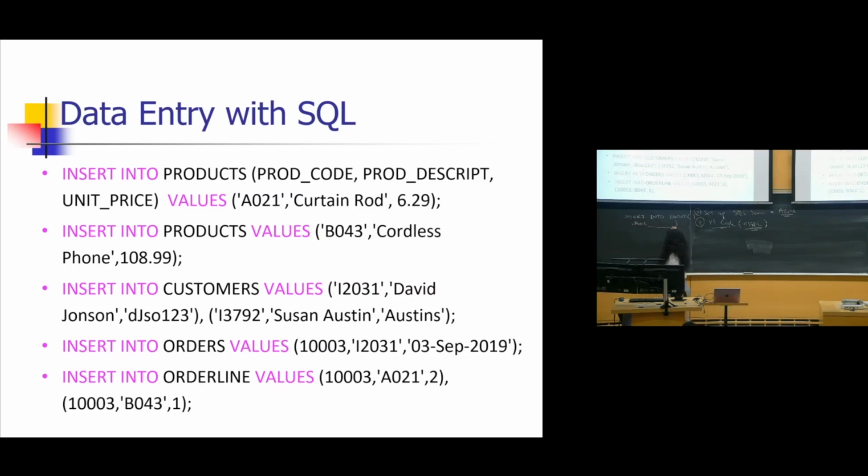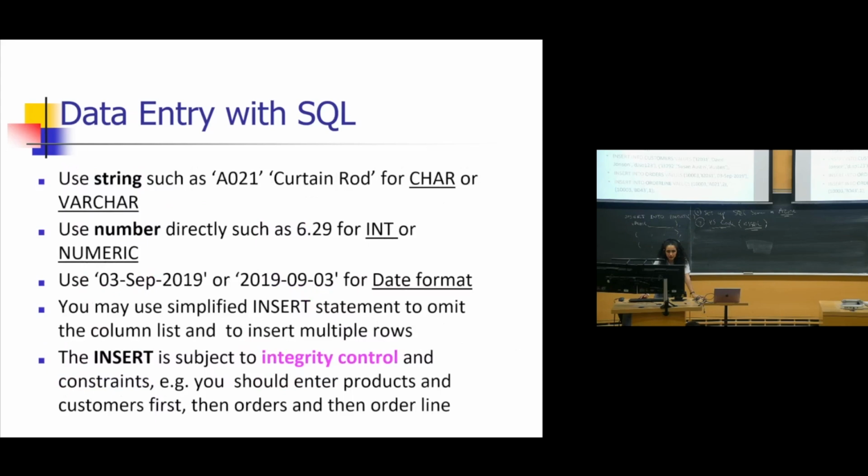So these are the values of the first row, values of the second row, values of the third row, and so on, okay? You can just list each row in one set of parentheses, followed by the next row and the next row, and so on.